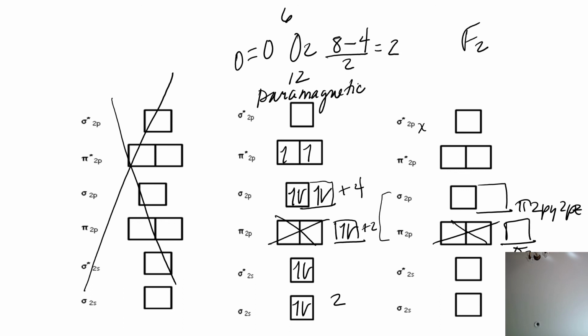Now with fluorine, 7 valence electrons, we have a total of 14. All electrons are paired, so it's diamagnetic.